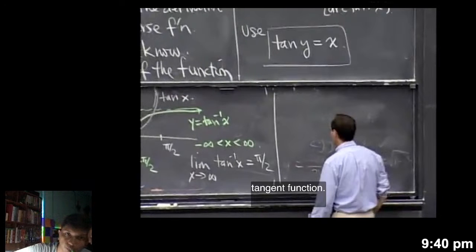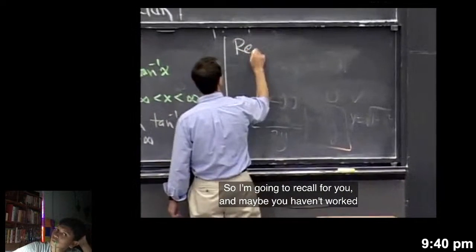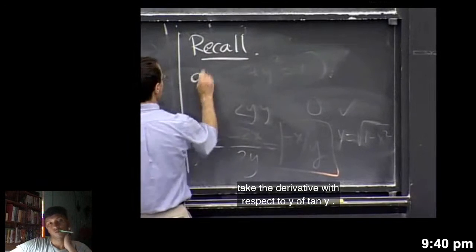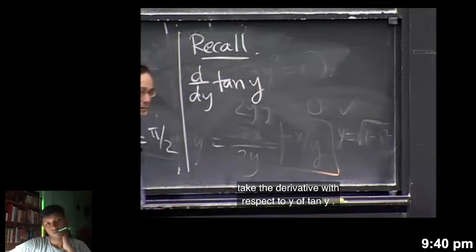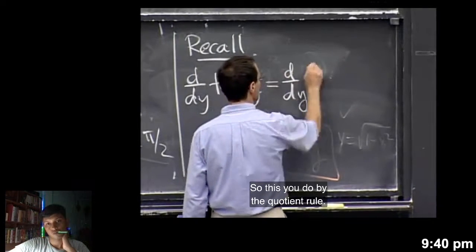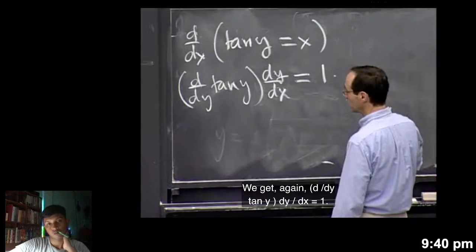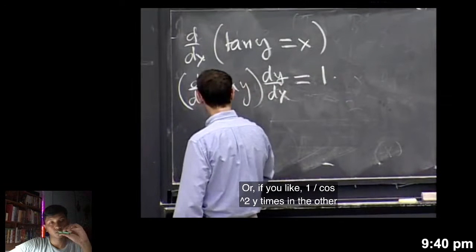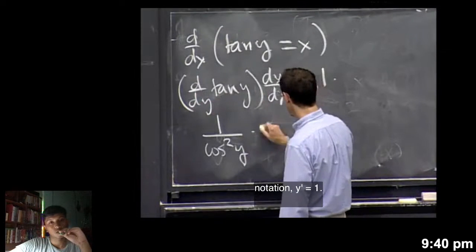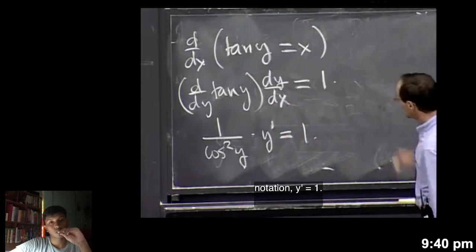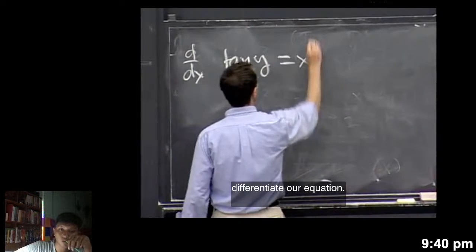I'm going to recall for you, and you maybe haven't worked this out yet, but I hope that many of you have, that if you take the derivative with respect to y of tan y, you do this by the quotient rule.